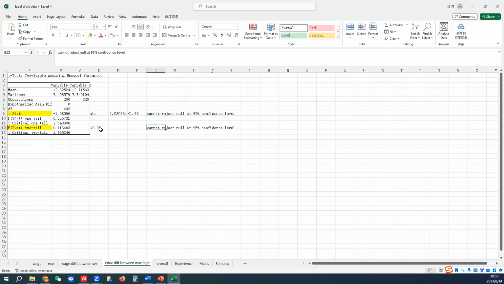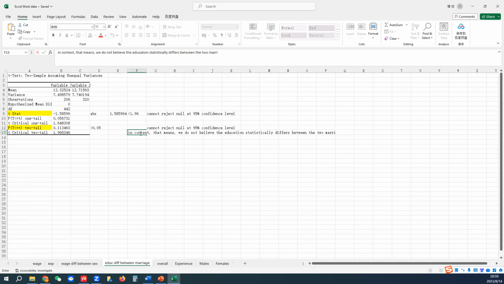Okay, and what does that mean in context? In context, that means we do not believe the education statistically differs between the two marital groups.